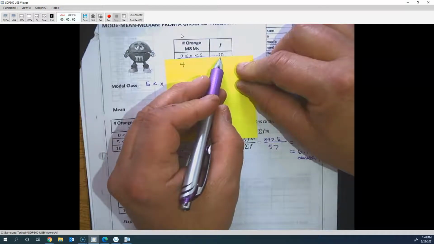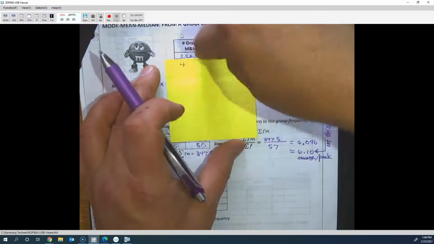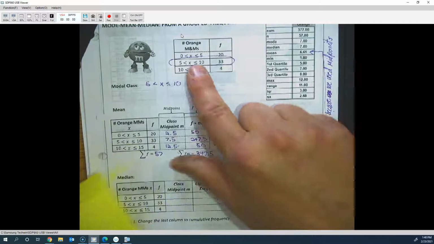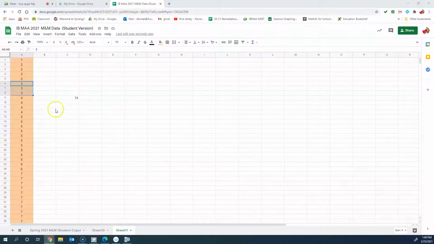That would add up to 20. So this chart doesn't give you the details that we had when we were looking at the spreadsheet. The spreadsheet told us what numbers were in that first interval from 0 to 5. Does that make sense? The spreadsheet can't do it if you only have classes.